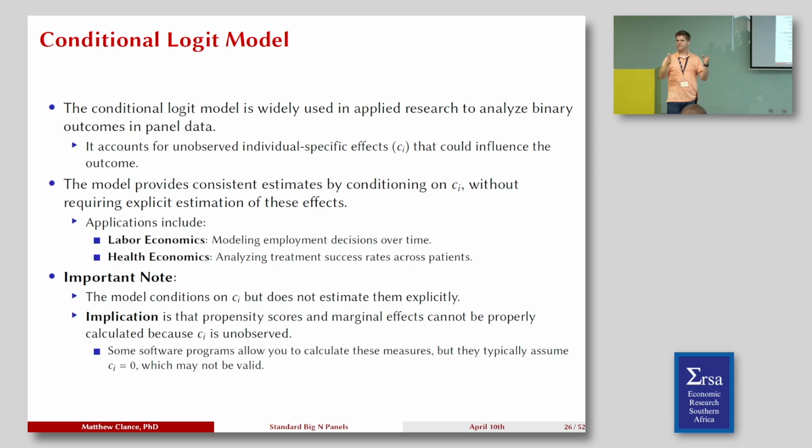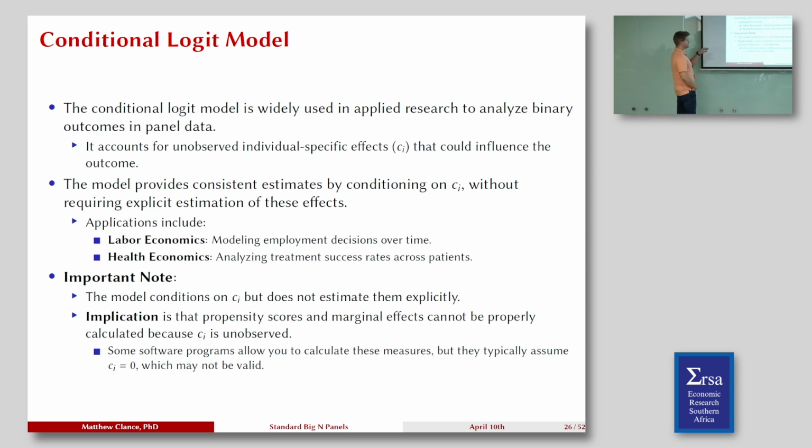What happens with my propensity score? In some ways, your programs are basically assuming that all the individual effects are zeros. But you said they were important. So which is it? You just have to be careful with that.